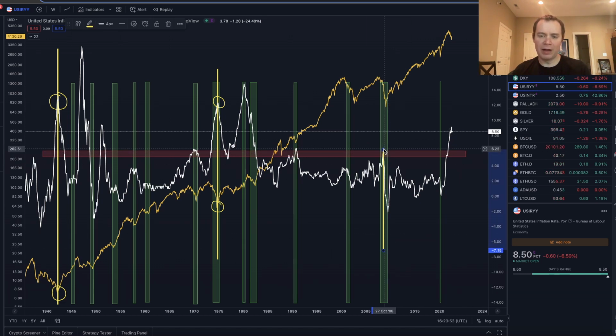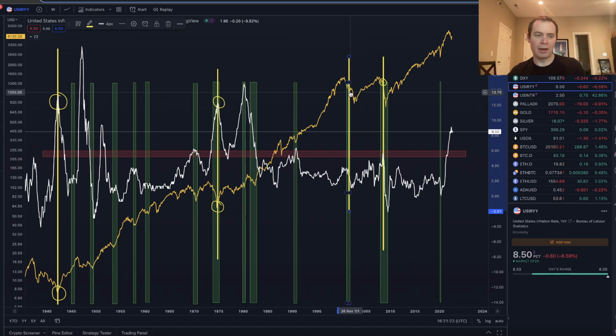You could argue that was a period where inflation peaked, but by the time it peaked, the S&P was sitting on a cliff right before a catastrophic drop in the stock market. You could also point towards the year 2000 or so and say once inflation started to finally roll over here, it wasn't at a stock market bottom. We still had a fairly sizable drop to come.